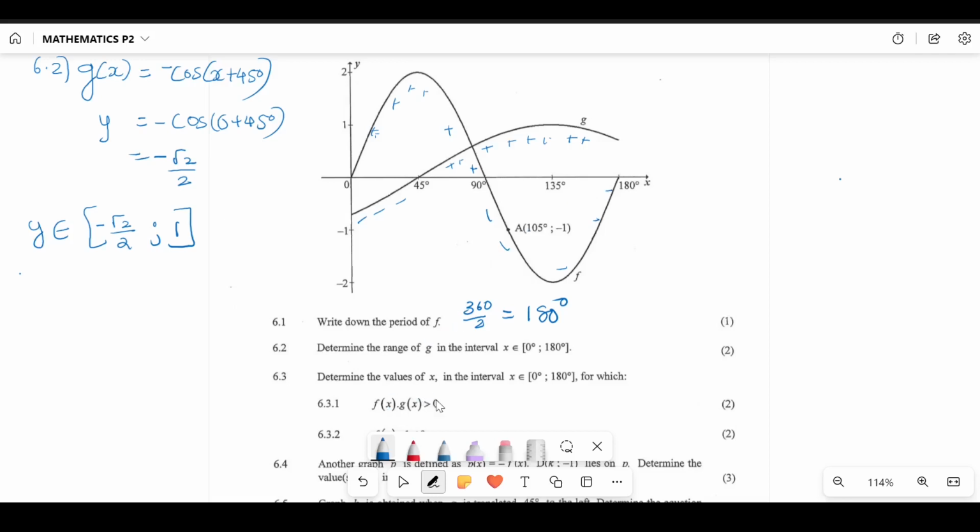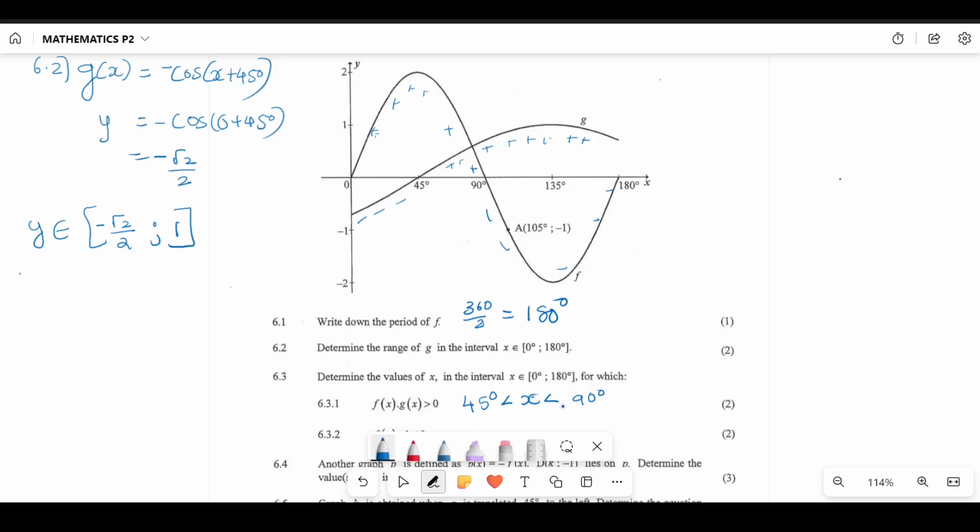So the product greater than 0 must be positive. So negative times positive, here it's negative. Then after 45 degrees, both are positive, so the product will also be positive until 90. After 90, one is negative, the other one is positive. So both are positive only from 45 degrees to 90 degrees. So the answer for this one, you can say x is between 45 degrees and 90 degrees.